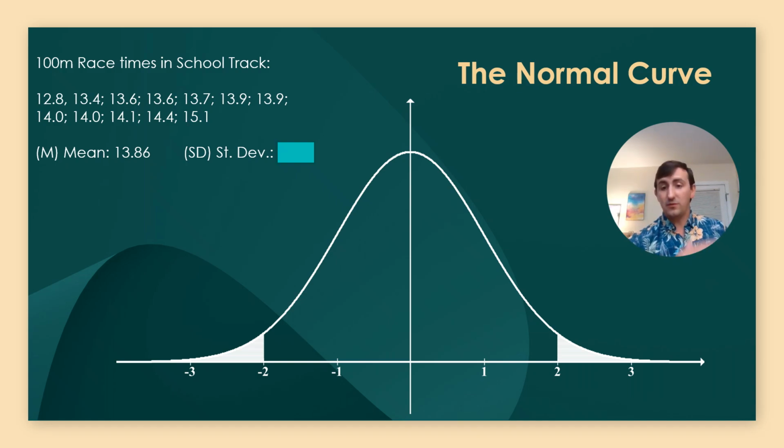So our mean, our mathematical average, is 13.86. And if you continue through the process of doing the formula for the standard deviation, you'll get this number, 0.56. What does that mean? Well, that means if we take 13.86 and we add 0.56 once, just once, that's the first standard deviation away from the mean.